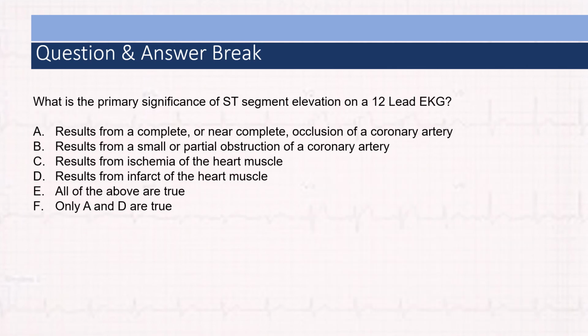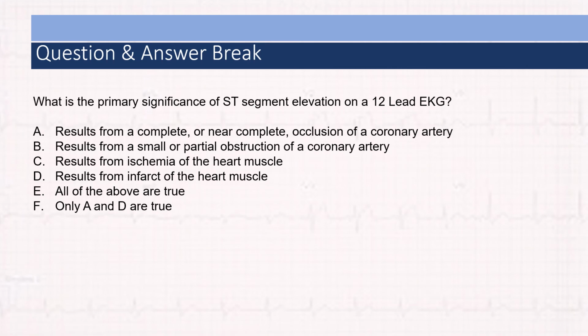What is the primary significance of ST segment elevation on a 12 lead? A, results from a complete or near complete occlusion of a coronary artery. B, results from a small or partial obstruction of a coronary artery. C, results from ischemia of the heart muscle.